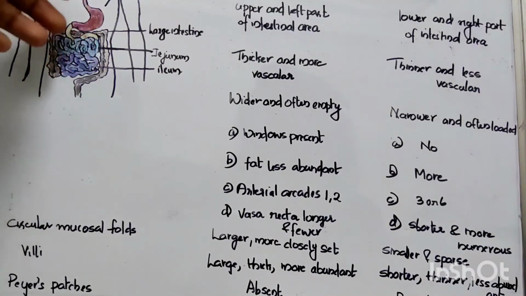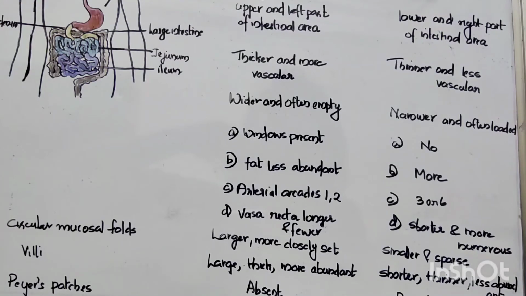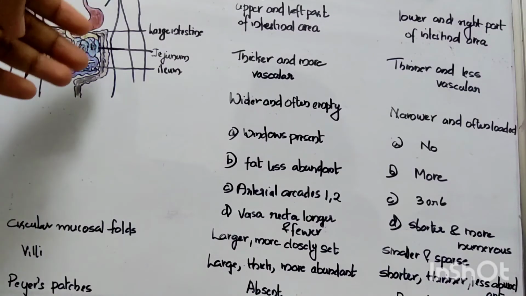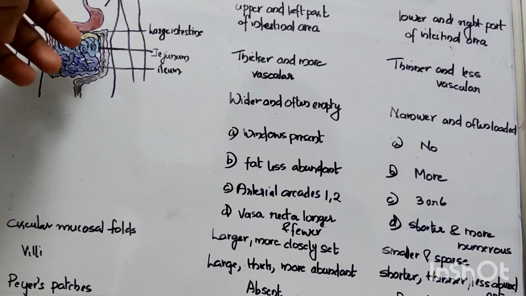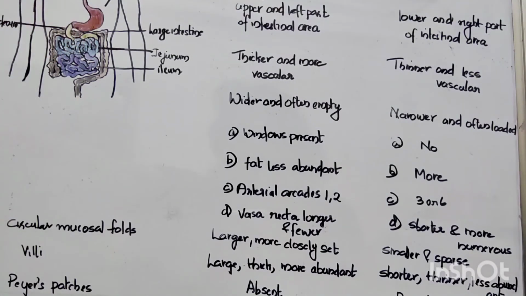Next we discussed the mesentery. The mesenteric fat is less abundant in the jejunum, but more abundant in the ileum. The Vasa Recta, the small blood vessels, are longer and fewer in the jejunum, but shorter and more abundant in the ileum.